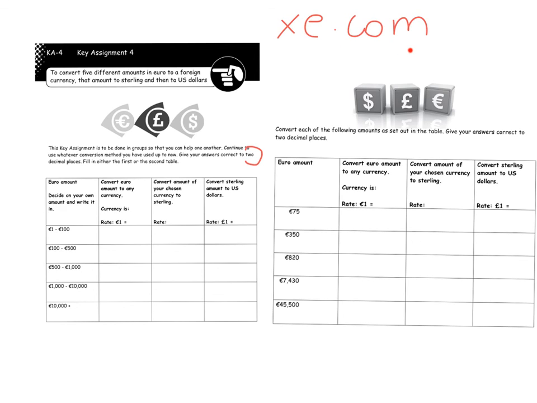So basically go to the website and enter how much you want to convert and to what currency you want to convert it. Don't forget to put the rate on the top. You need your rate, and I showed you where to find the rate. And then this amount of money, you need to convert it to sterling. So you're looking for pounds and then to US dollars. And this is the same in the second one.